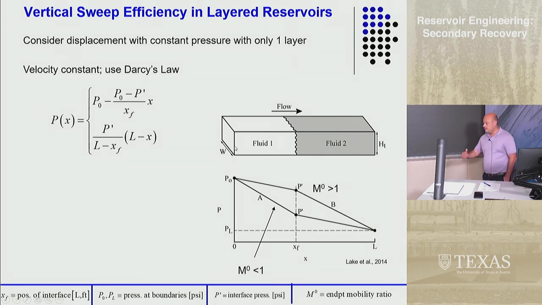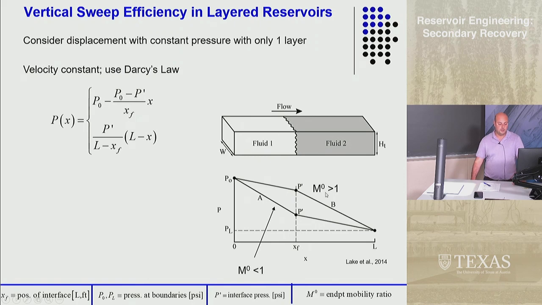The pressures are going to decrease linearly within a phase. It's just given by Darcy's law, right? We know that pressure is going to decrease linearly for a constant velocity. And so the pressure is going to decrease from P naught to P prime, and then from P prime to L. Now the slopes of these are going to be different, depending on the ratio of relative permeabilities and viscosities.